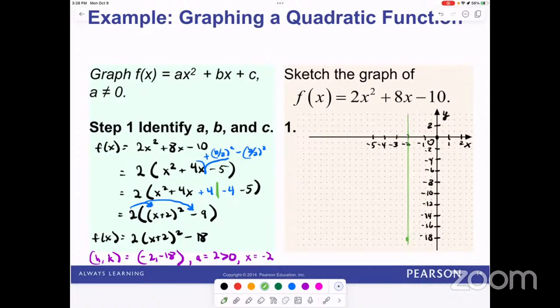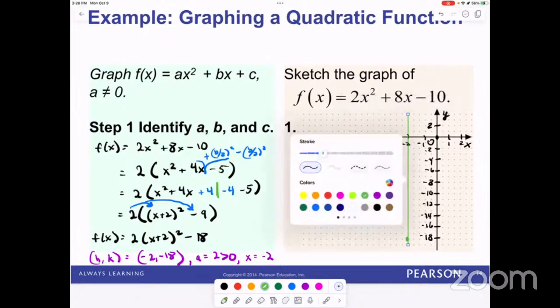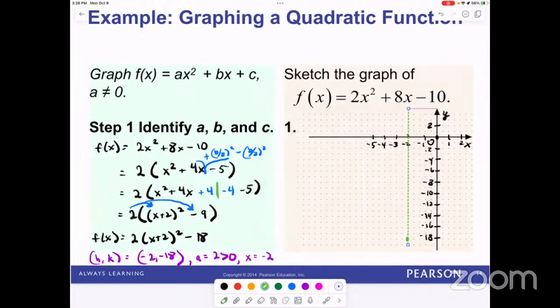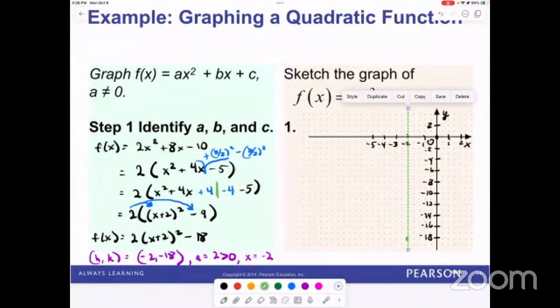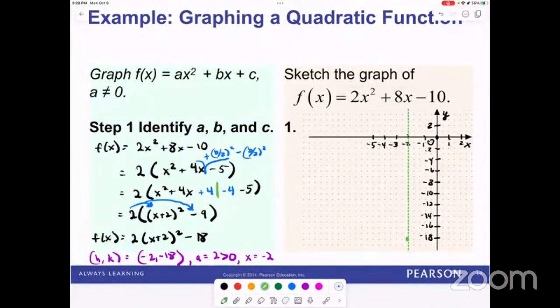Okay. And this was the axis, x equals -2.